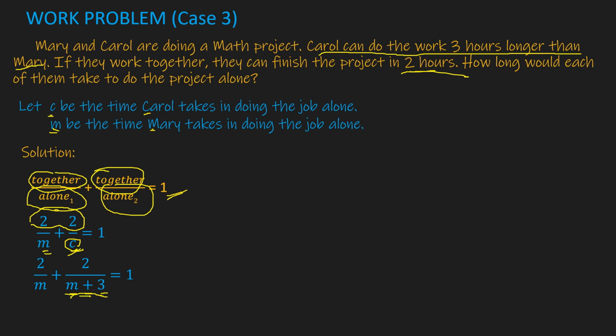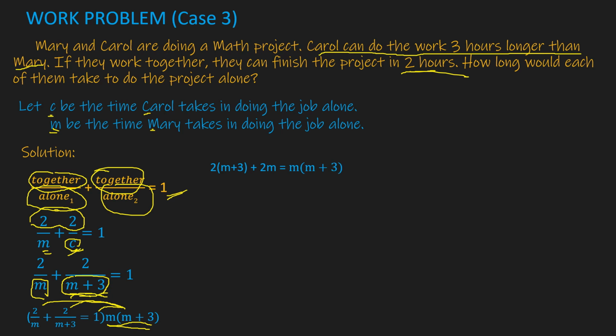And since we have denominators, in solving equations like this, we have to eliminate the denominators. We have to multiply the whole equation by the least common denominator. In this case, just take the denominators to be the least common denominator and distribute it by multiplying the LCD to each of the terms in the equation. Now let's continue.